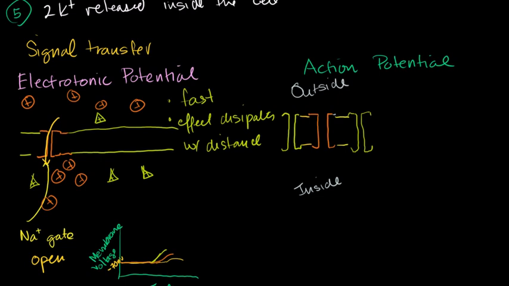I think I just have to draw one round of it for you to get what's going on. And let me draw another potassium gate, just like that. All right. And let's say that they all start closed. So they're all in the closed position. Now let's say that this sodium gate gets stimulated. It gets opened. So let's say that guy right there gets opened.